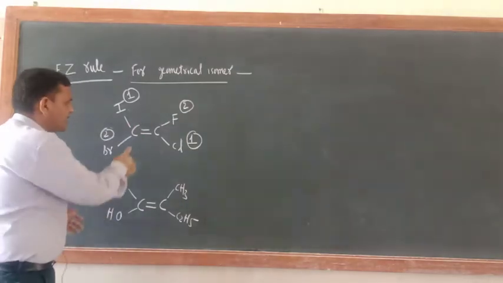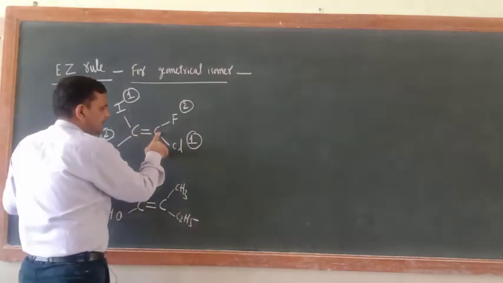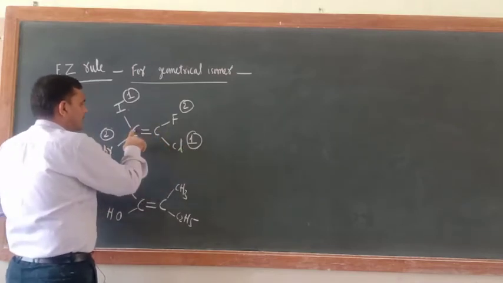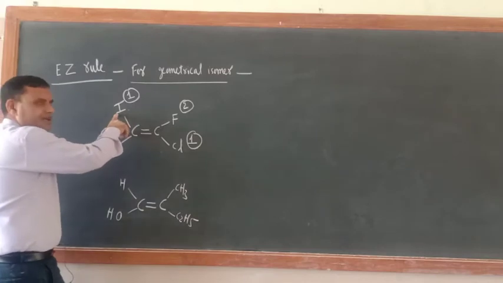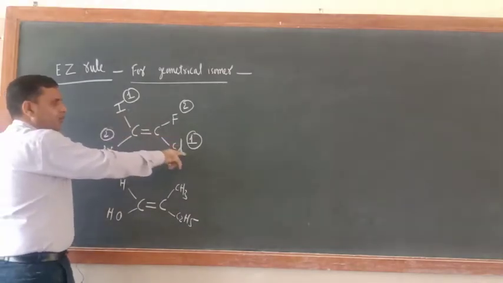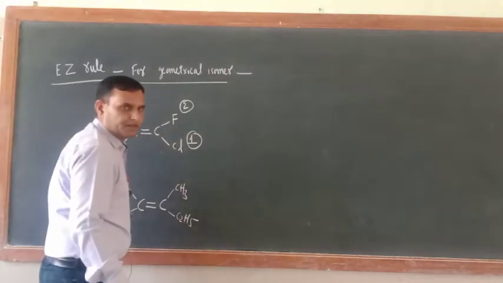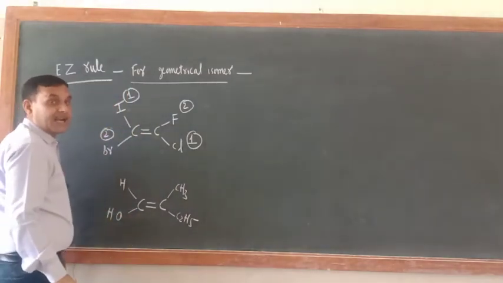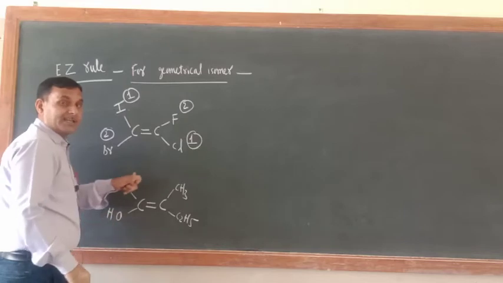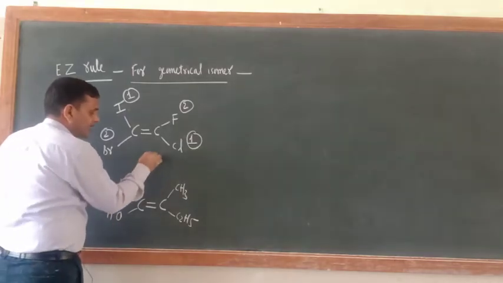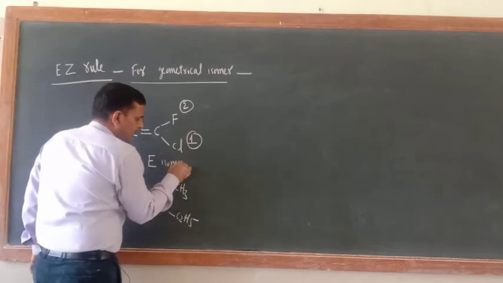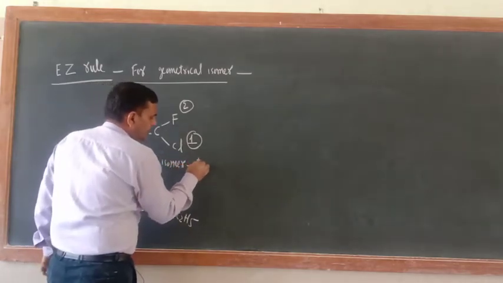In this molecule, this carbon's top priority group is Cl, and this carbon's top priority group is iodine, and both are present in the opposite plane. So E means entgegen, it means this is the E isomer, and the E isomer is the trans isomer.